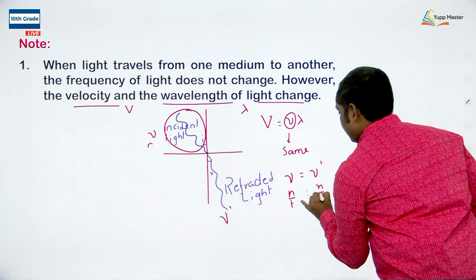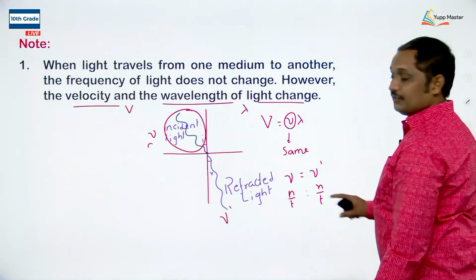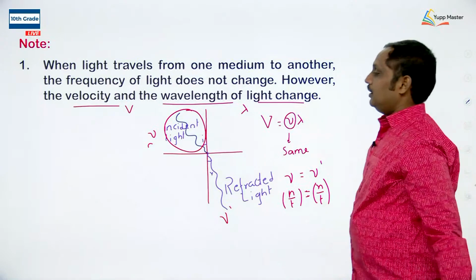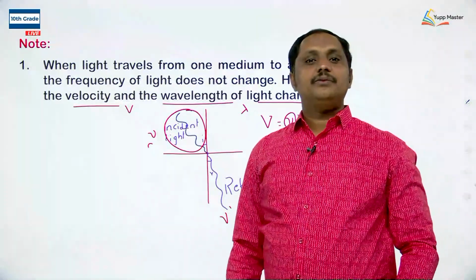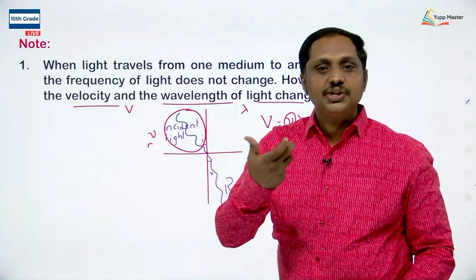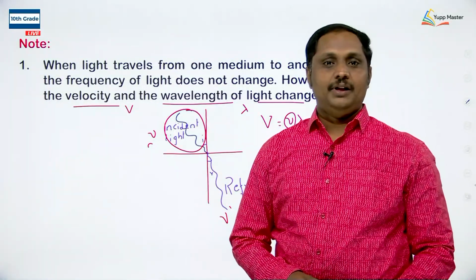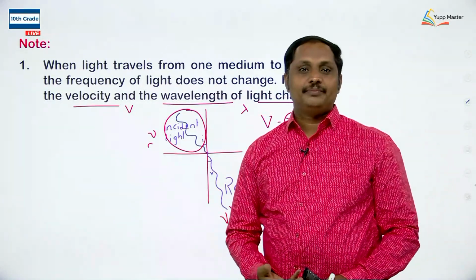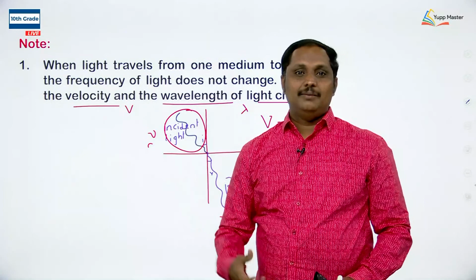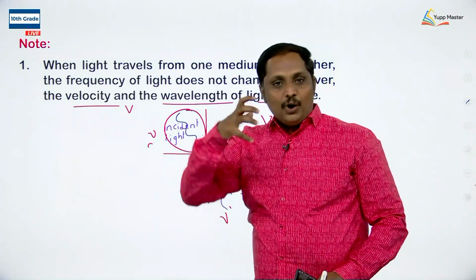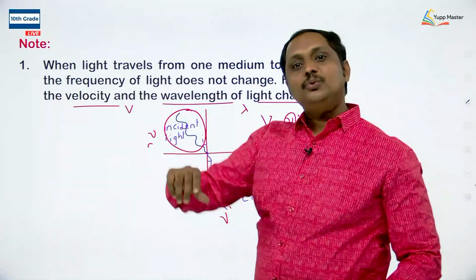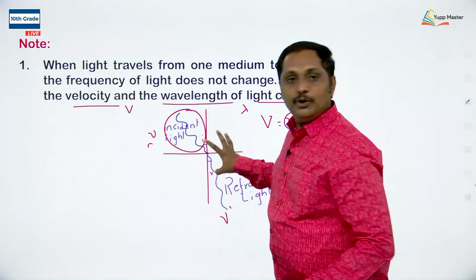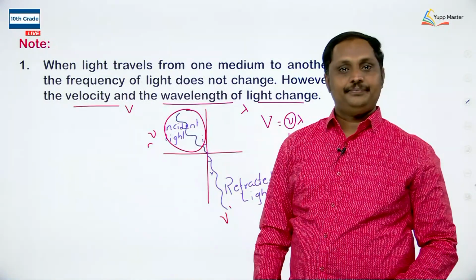Here also n by t, both are the same in this case. So, they are equal. If you want to change that frequency, you have to change the source properties. Like that, if you change the energy of the source, let us take a light bulb, you have to look at the source of the light, and then only is it possible to change the frequency of the light.